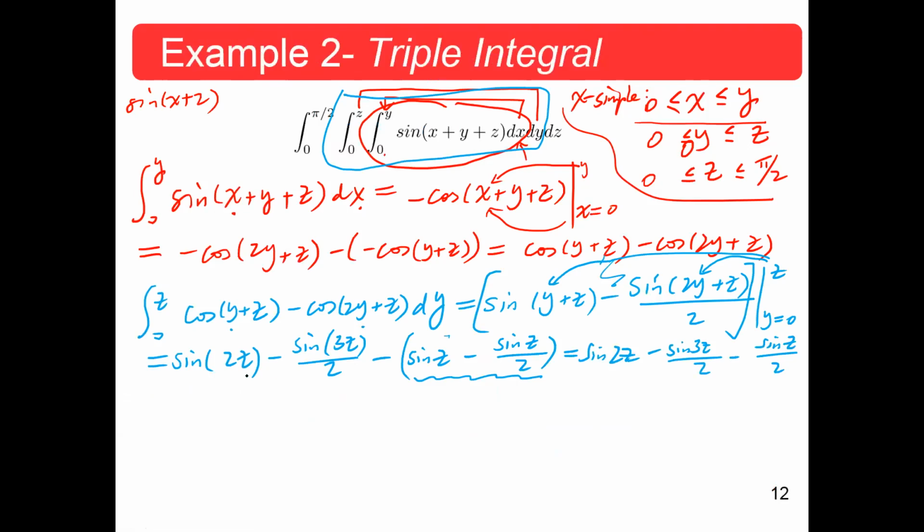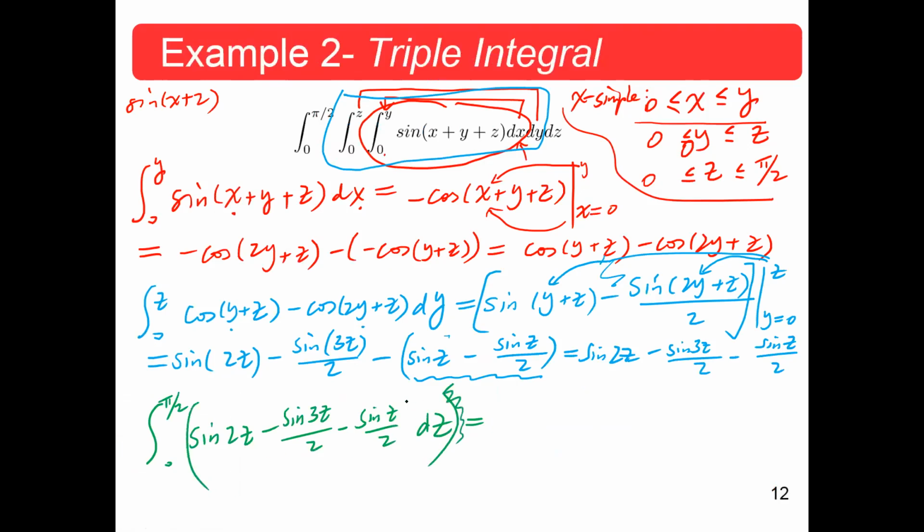So the outer layer would be from 0 to pi over 2 in my blue box. So this is the blue box: sine 2z minus sine 3z over 2 minus sine z over 2, dz. Okay, so we should see that.